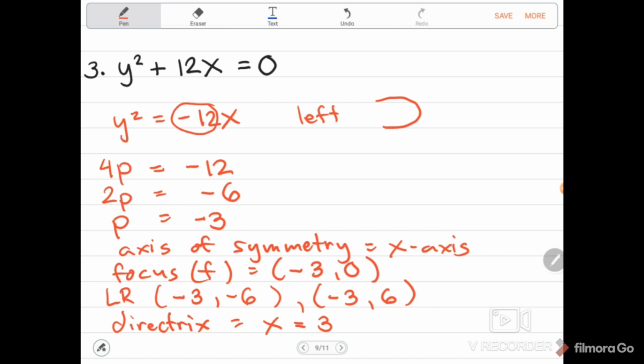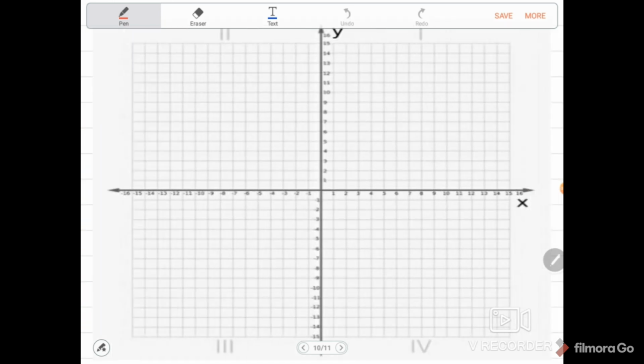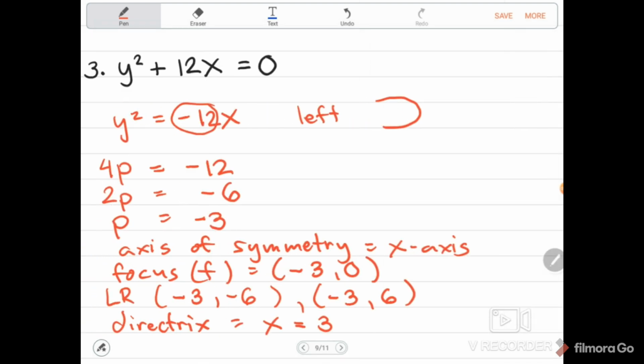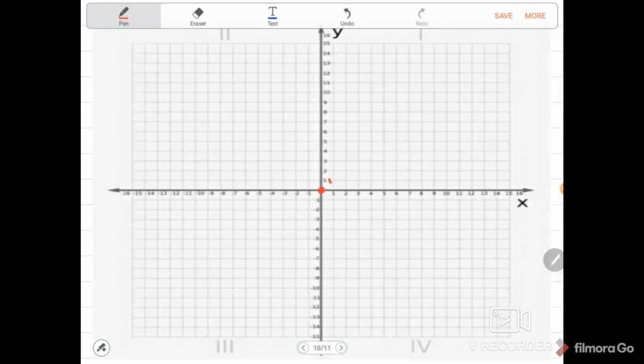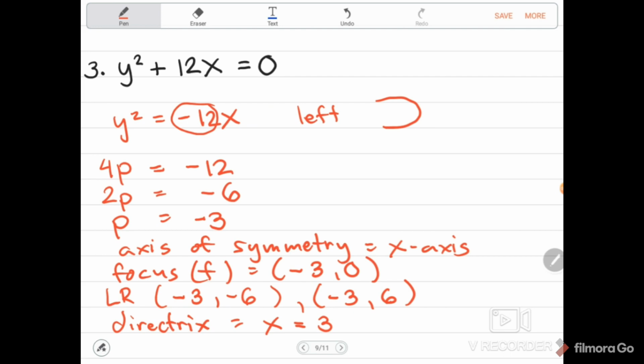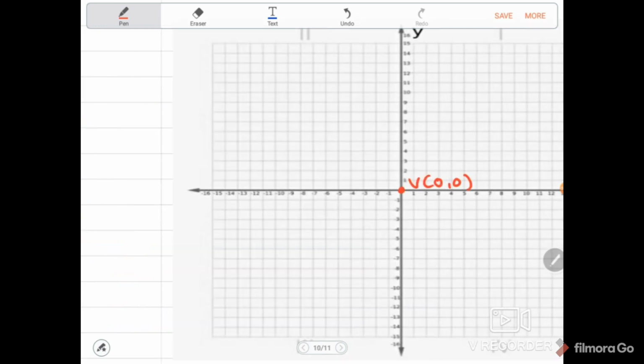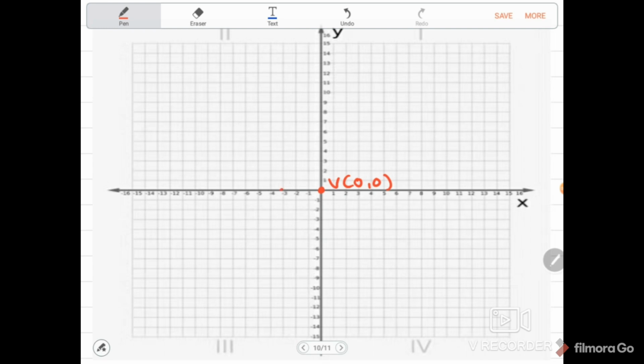So, let us try to graph. First one, vertex. Ano yung opening natin? Opening natin is to the left. So, vertex natin is 0, 0. Then, we have the focus. Ang focus natin is negative 3 and 0. Nandito yun.